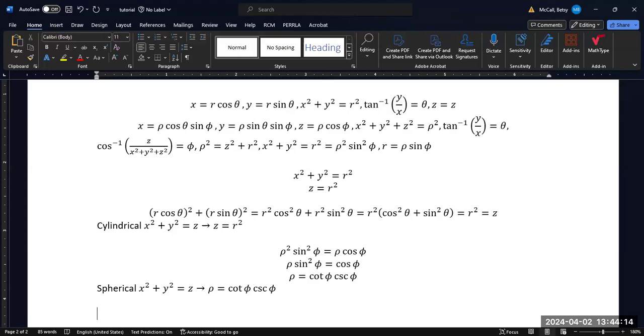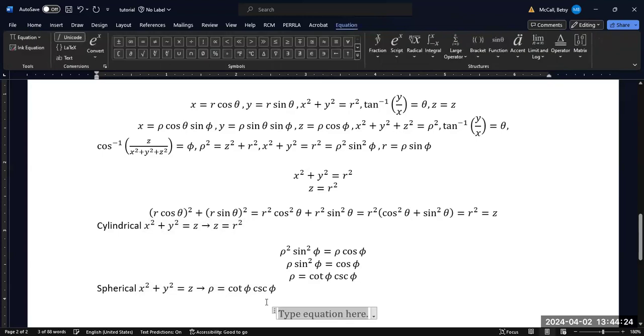All right, so now again, you can try to convert directly from rectangular, but if you do that, you will have to do the simplifying.